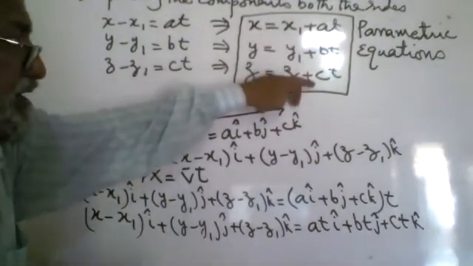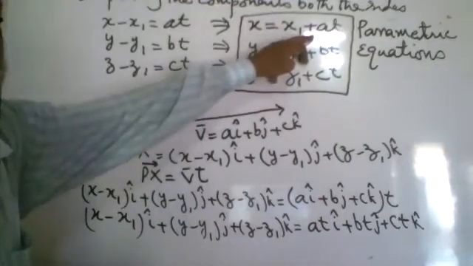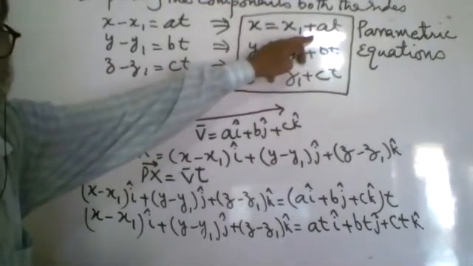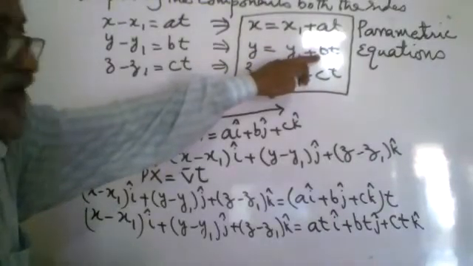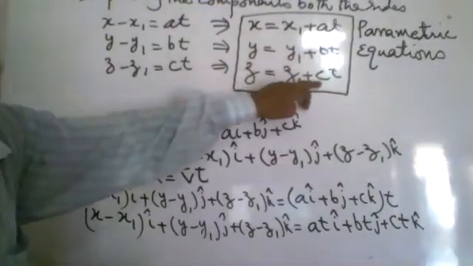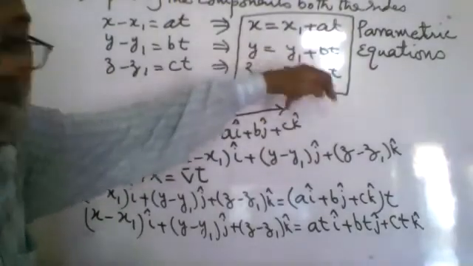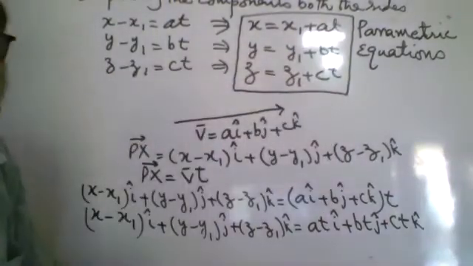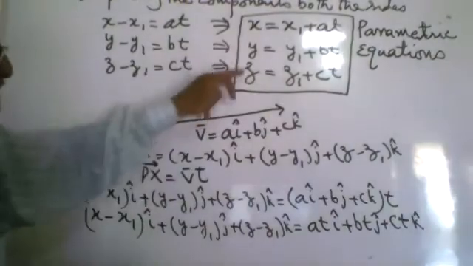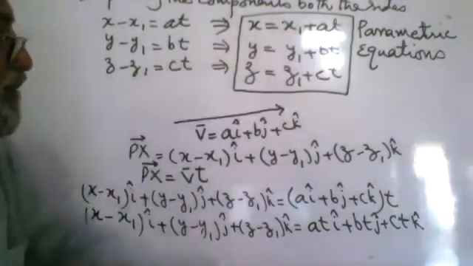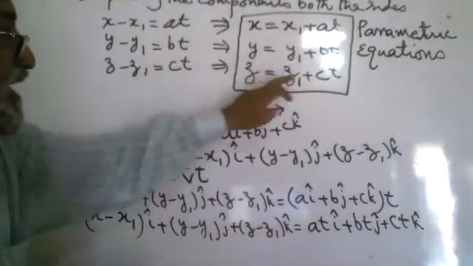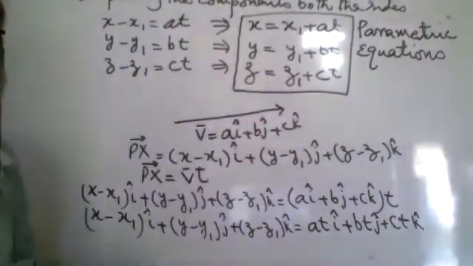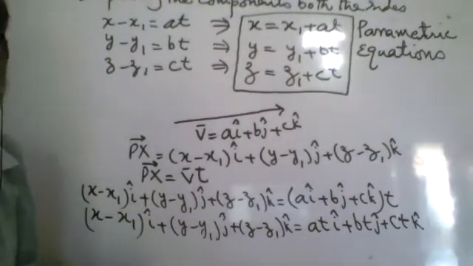A, B, C: A is the i component of the given vector, B is the j component, C is the k component. T is some constant. You have to write T as it is. X, Y, Z and T will be written as they are. But x1, y1, z1 and a, b, c can be replaced by some numbers.